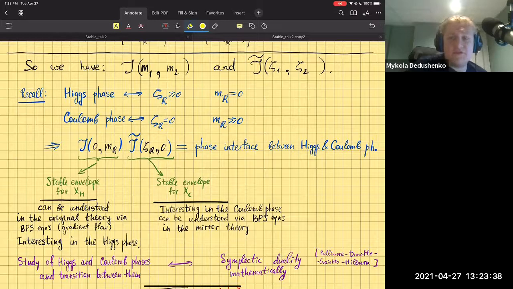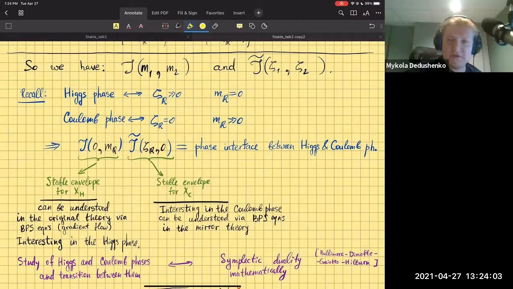But in the Lagrangian description of your quantum field theory, there's a certain asymmetry between Higgs and Coulomb phase, even though the actual theory, say the conformal theory that you get when you look at it at large distances, is symmetric.